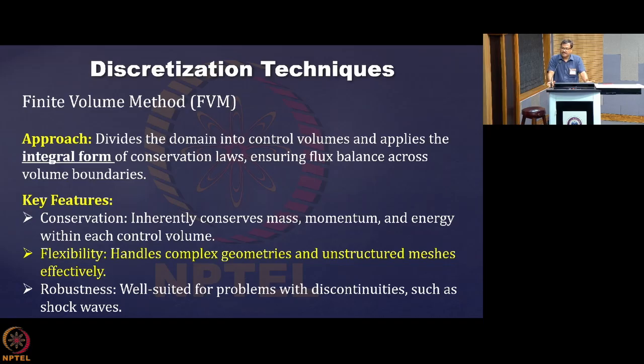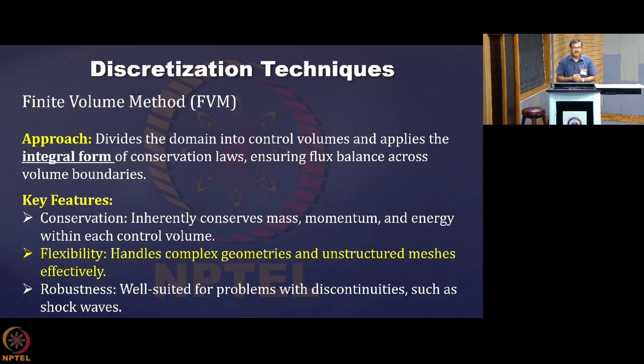Flexibility: it handles complex geometry very efficiently, and it can use unstructured meshes as well. And its robustness is such that many of the commercial codes are using this technique. Now it is well suited for problems with discontinuities such as shock waves as well. Okay, so this is a very powerful technique, the finite volume method, in which the conservations are inbuilt.